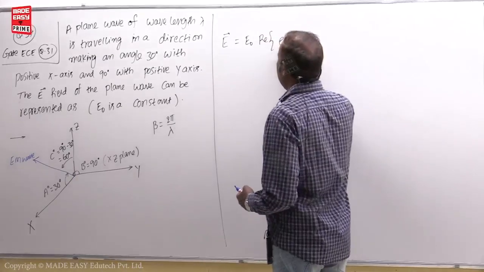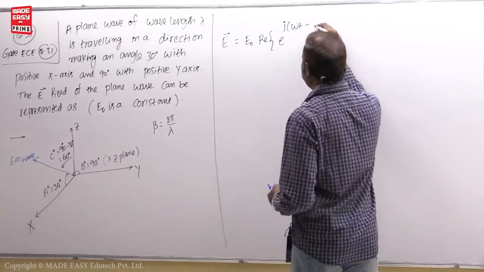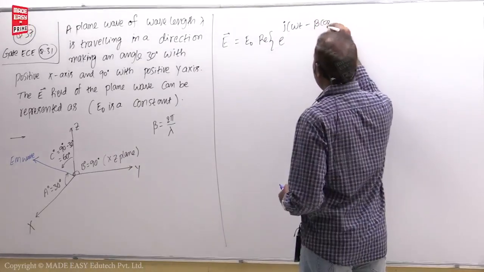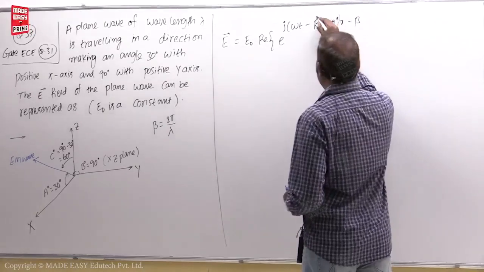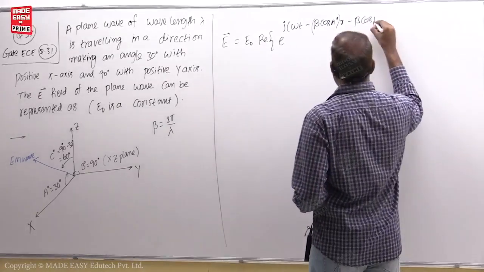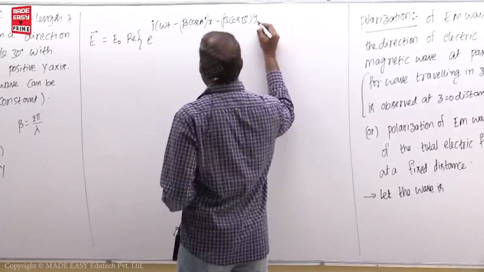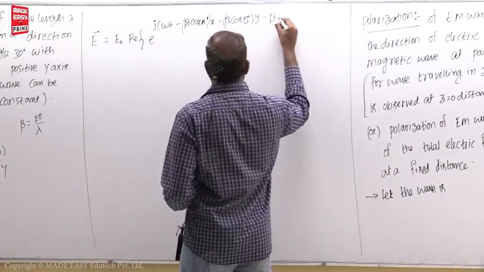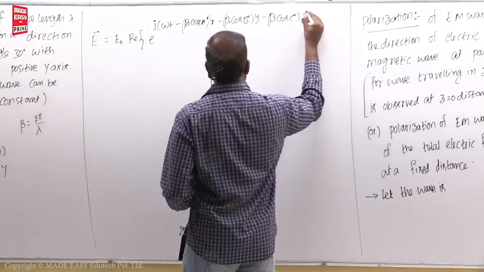Real part of e power j omega t minus beta cos a degrees x, beta cos b degrees into y, minus beta cos c degrees into z, dear students.